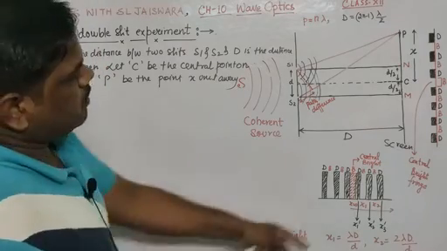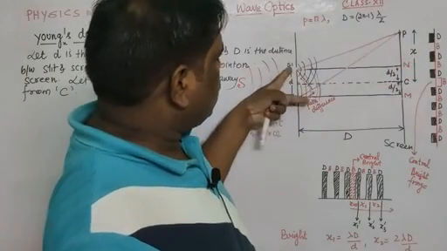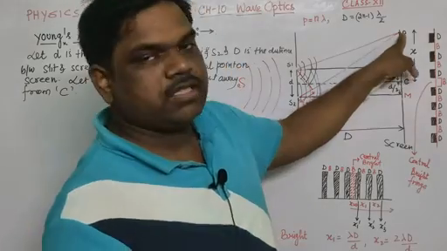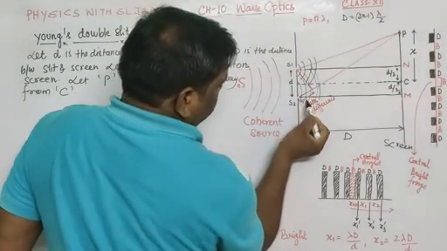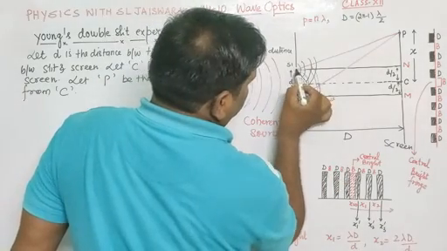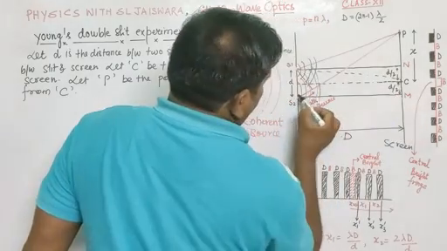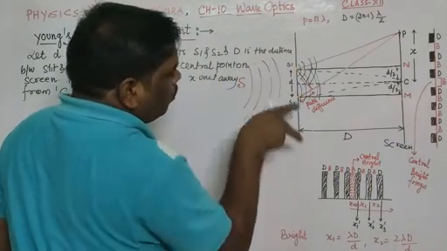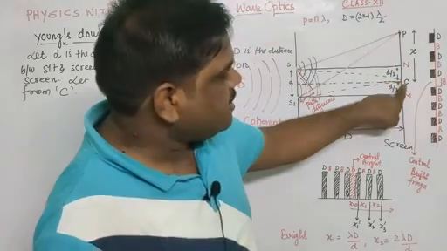Let us see what will be the path difference of these two waves which interfere at this location P. This much is the path difference. At the same time, can you tell me what will be the path difference of these two waves at point C?